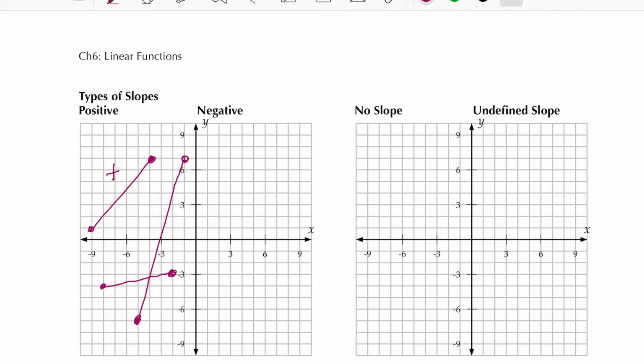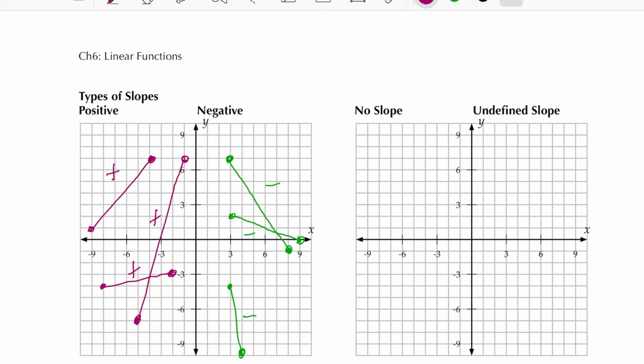These are all positive slopes. They're going up to the right. While negative slopes are going down to the right. These are all different negative slopes. You can have steeper negative slopes, shallower negative slopes, but those are all negative slopes.